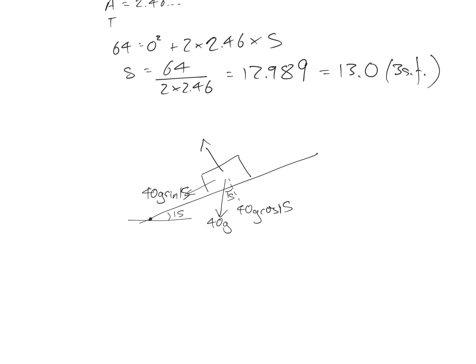So again, F equals ma. So the force, 40g sine 15, equals the mass, which is 40, times the acceleration. So the acceleration is 9.8 times sine 15. New acceleration, 2.536 down slope.